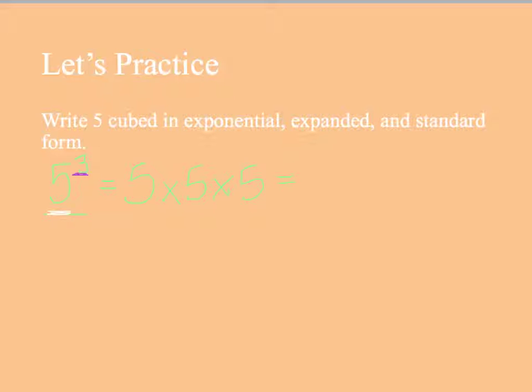So I'm going to go ahead and group this number together like I like to do, and I know that 5 times 5 is 25. Now I still need to bring this 5 down and multiply 25 by 5. Well, let's use the trick that we could probably figure this out pretty easily. 25 cents is equal to 1 quarter, right? And we know that we have 4 quarters in $1.